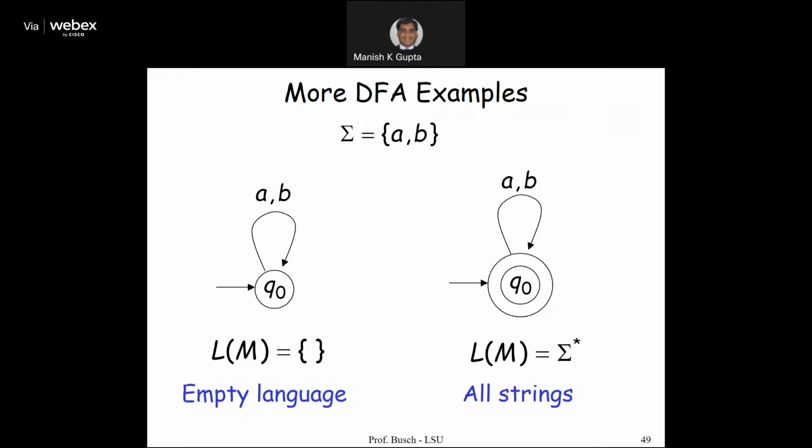This symbol is there because, to cover the definition, for every state and every symbol there should be a transition. If sigma is a comma b, we should know where to go if I receive a, and where to go if I receive b. Similarly there also. But that accepts everything, because everything is accepted there. And here, because there is no accepting state, it's an empty one. It will not accept anything.